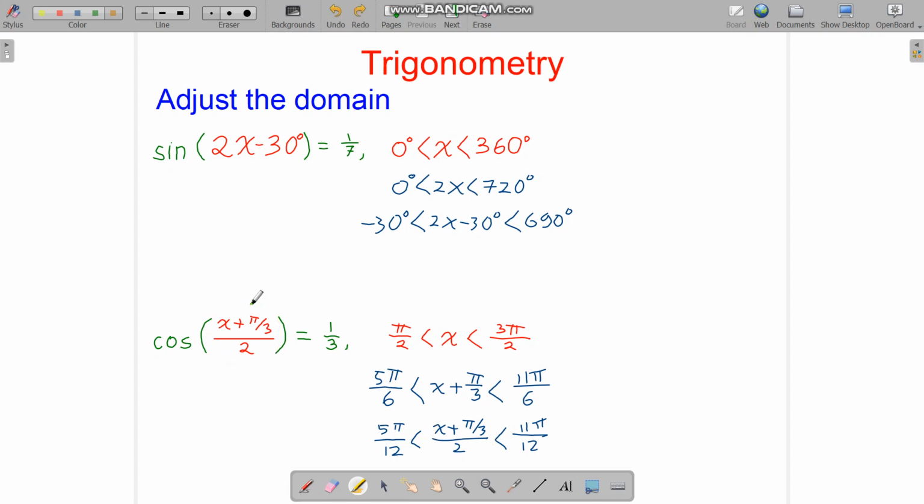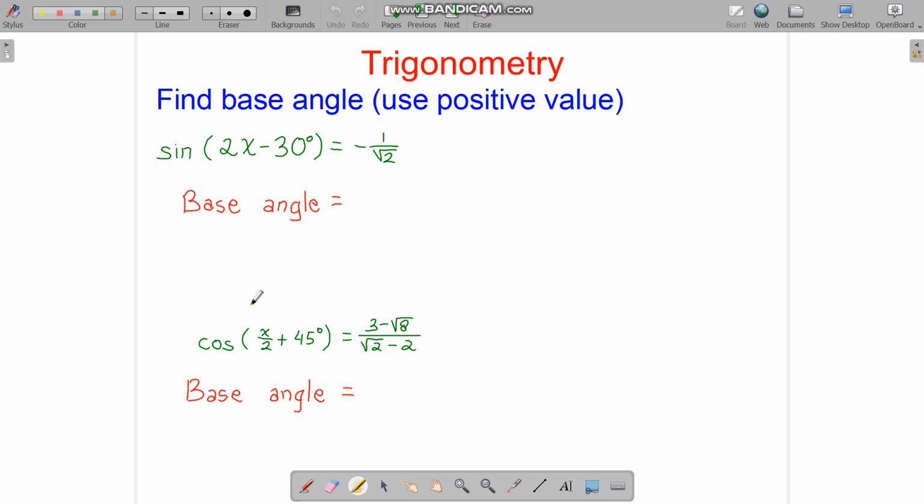The next step is to find the base angle. So to find the base angle, we use inverse trigonometric functions. So in this case, we use inverse sine, but we always use the positive value. So inverse sine 1 over 2, which is equal to 30 degrees. And here, if you want to use inverse cos, you can use the positive value.